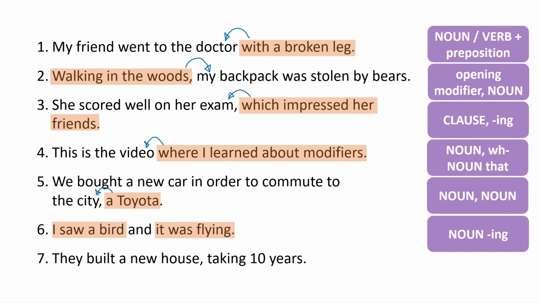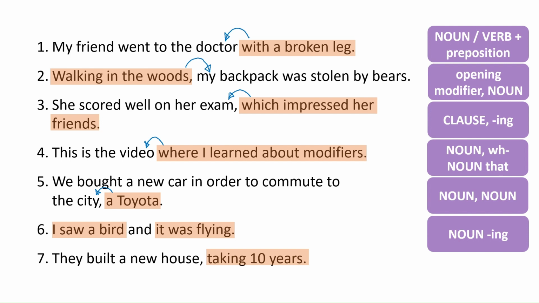Number 7. This is very subtle. That's just about all right at the moment. We've got a clause, comma, ing modifier. Taking 10 years is giving information about how they built the house. But wait a moment. It wasn't the fact that they built a new house that took 10 years. It was the project that took 10 years.